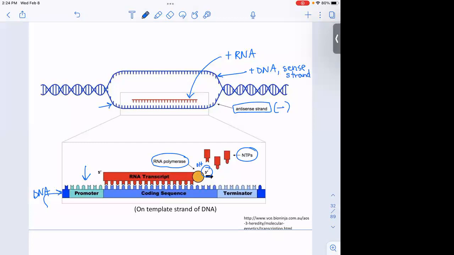You always make a positive sense from a negative, or a negative from a positive. It just means the positives and negatives complement each other. So if you take this other strand of DNA on the top here and you make some RNA, it's going to make negative sense RNA, which is not going to be read correctly at the ribosomes. So again, how do you know which is which? Well, it's whichever one the enzyme chooses, and then you name from there.